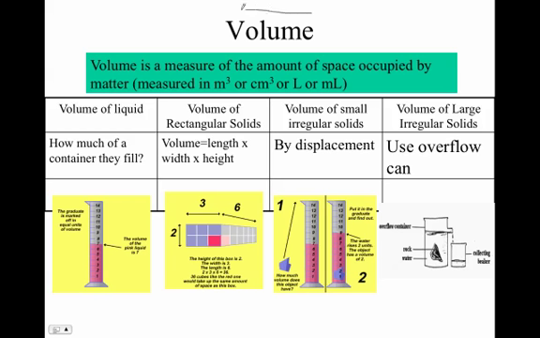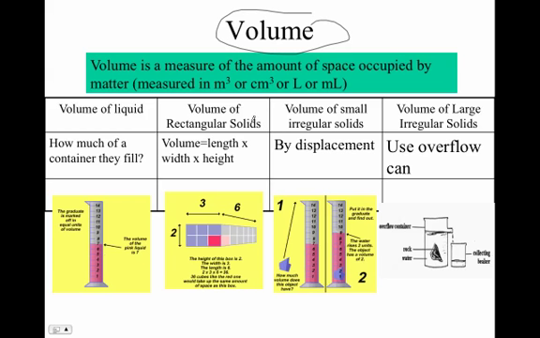Let's talk about volume. By definition, volume is a measure of the amount of space occupied by the matter. And it depends on what kind of matter we have. Now, if it's a liquid, we would usually measure volume by pouring it into a device called a graduated cylinder. So this liquid would be about 7 milliliters.